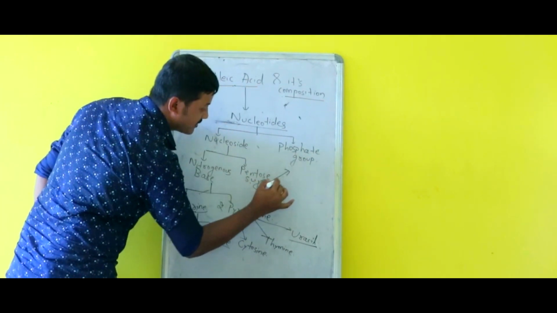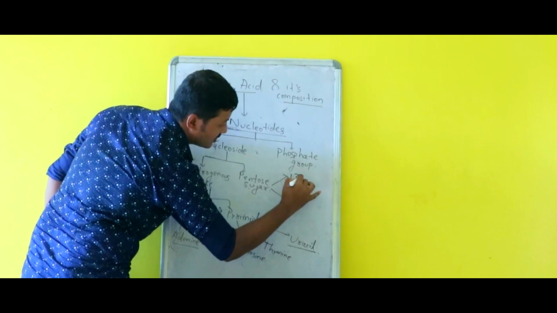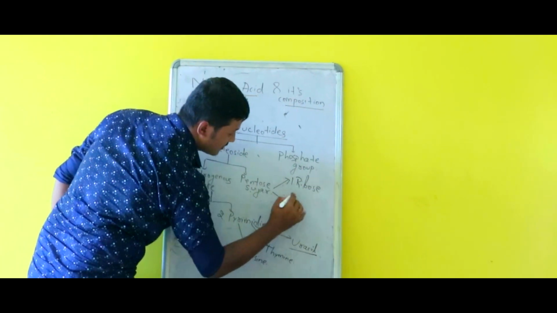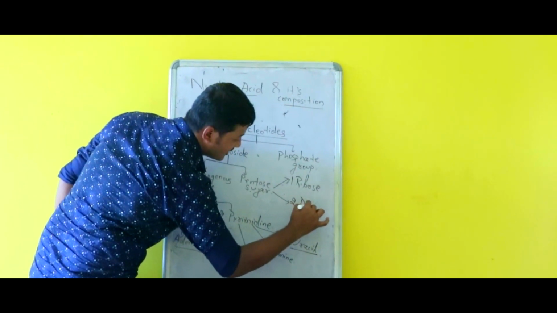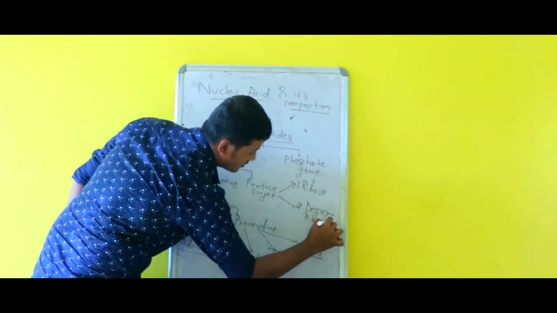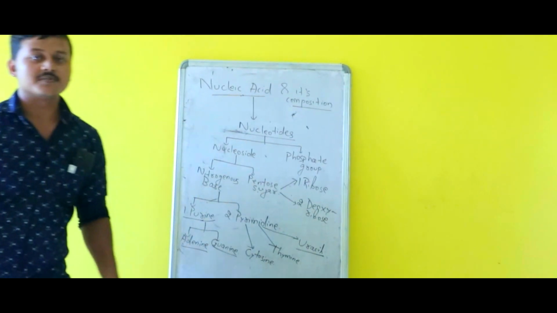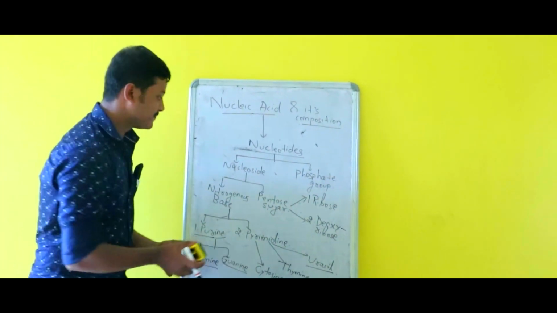Pentose sugar are of two types. First one is ribose sugar. Second one is deoxyribose sugar. Then comes the structure of nitrogenous bases and pentose sugar.